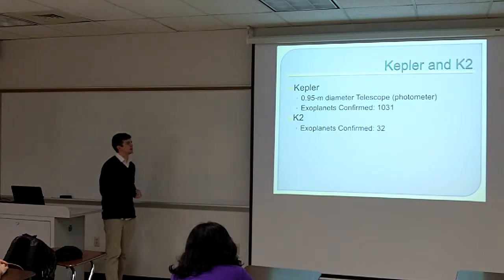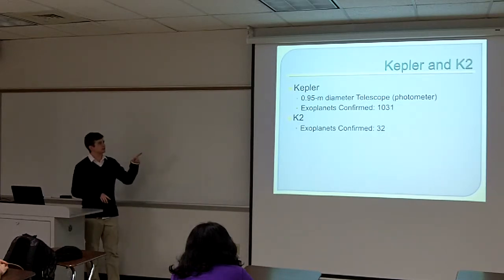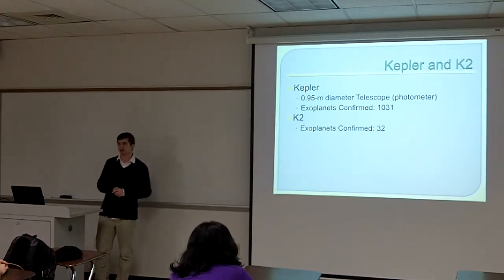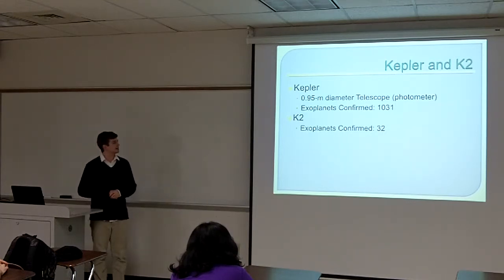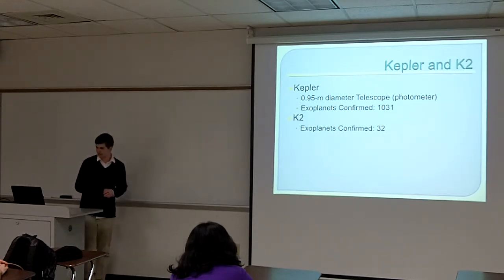Now, Kepler is a 0.95 meter diameter telescope, which was launched in 2009. To this date, its data has managed to confirm 1,031 exoplanets, while the K2, which I'll discuss the distinction of later, has confirmed 32 as of this past month.